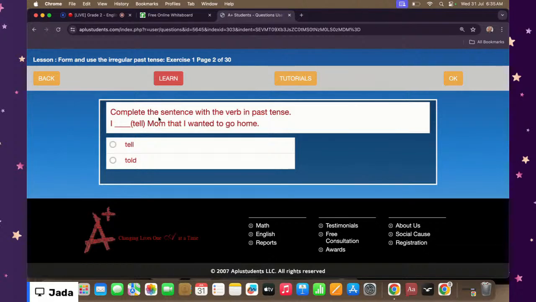I tell mom that I wanted to go home. Tell is in the present and you need to complete it with the past. So what is the most suitable past tense? Told. Told is the past of tell.